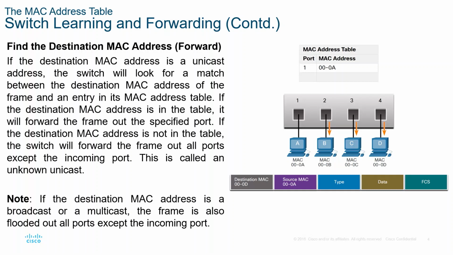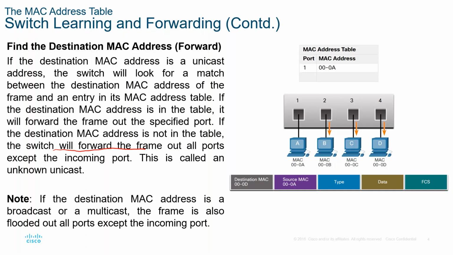For example, here PCA would like to send a frame to PCD, but there is no information of the MAC address of PCD and its port number in the MAC address table. So what happens here is the switch will forward the frame out of all ports except the incoming port.